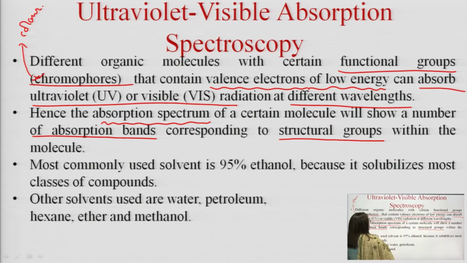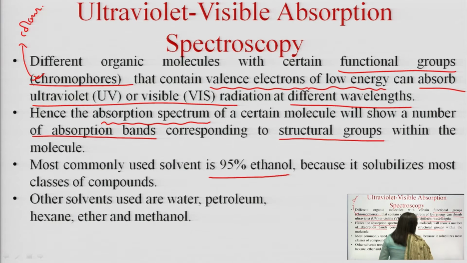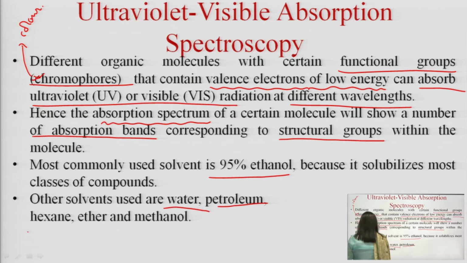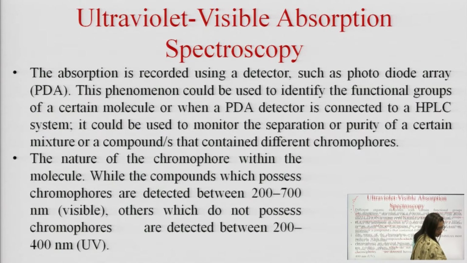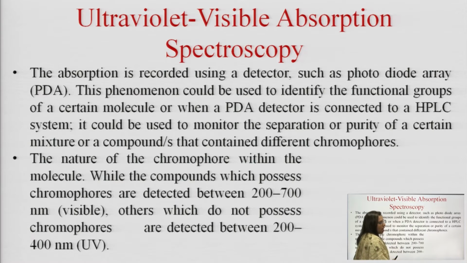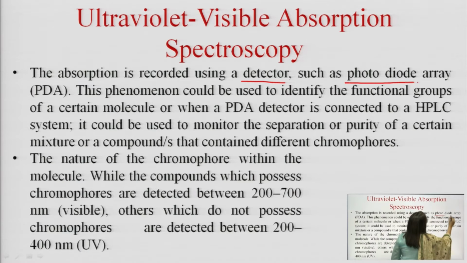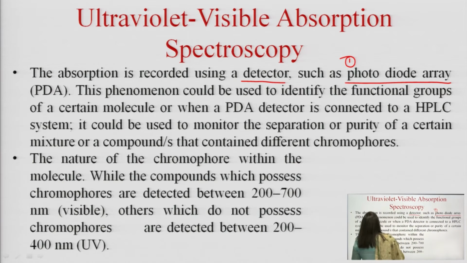The most commonly used solvent for the sample preparation in UV is 95% ethanol, because it is capable of solubilizing almost all classes of compounds. Other solvents used are water, petroleum, hexane, ether and methanol. Absorption is recorded using a detector such as photodiode array, that is PDA.